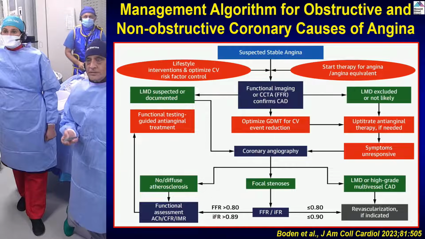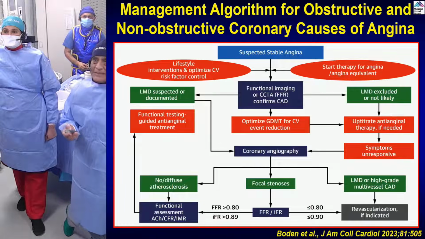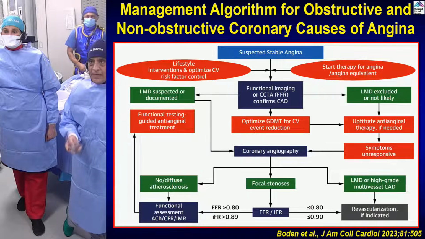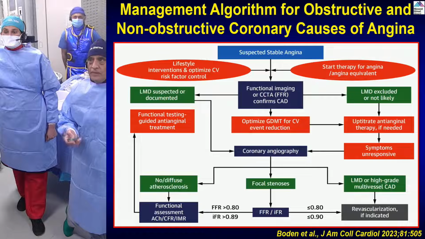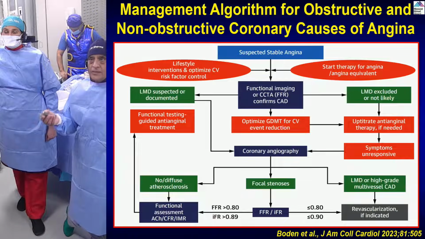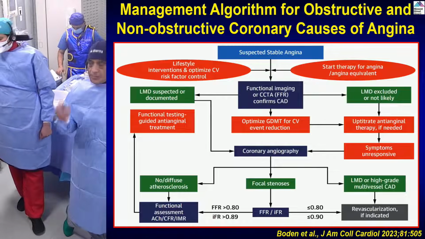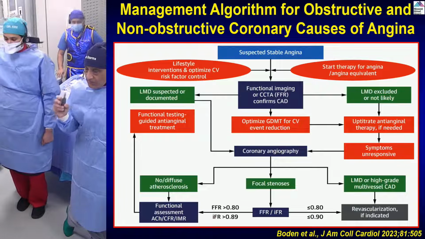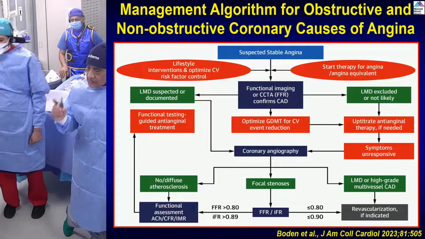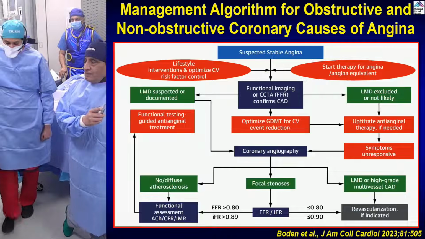So microcirculation is important. This is a little complex slide, but it puts it together: in the center, you have done the CTA, and from there you decide what to do. If left main is excluded, then it's fine, and you can try your medical therapy. The key is that the ISCHEMIA trial succeeded because CTA excluded patients with left main disease.